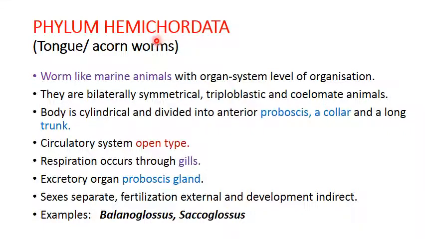But then they found that this is just a buccal diverticulum and it has no resemblance to a notochord. So now they have grouped it under hemichordates, which includes tongue worms and acorn worms.